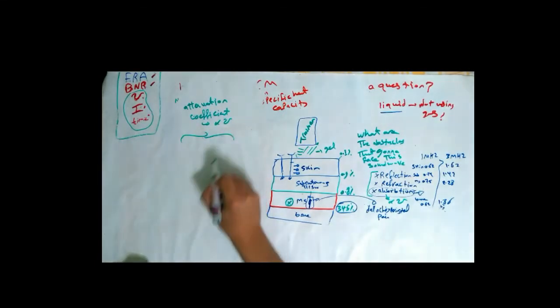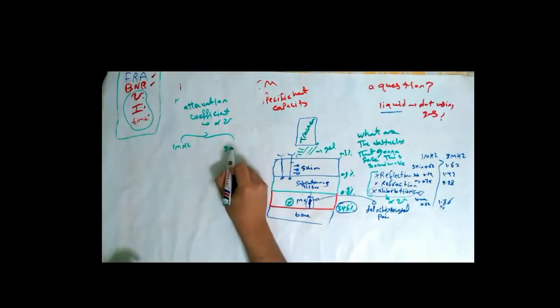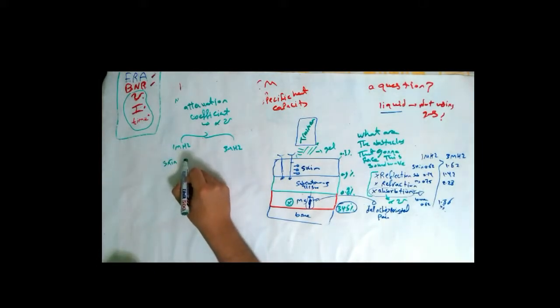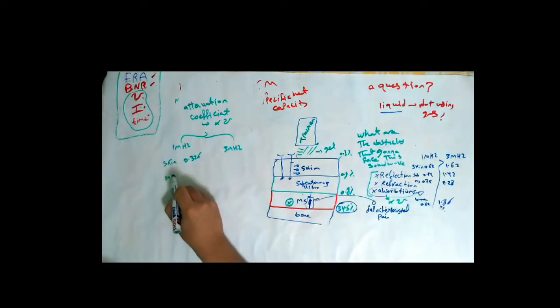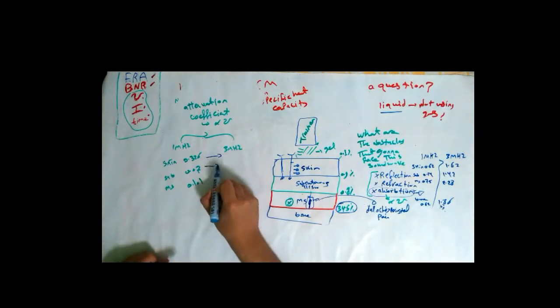So I have two forms of attenuation coefficient: 1 megahertz and 3 megahertz. In skin with 1 megahertz it is 0.326, with subcutaneous tissue it is 0.07, and with muscle it is 0.101. To get the 3 megahertz attenuation coefficient, you must multiply by 3.